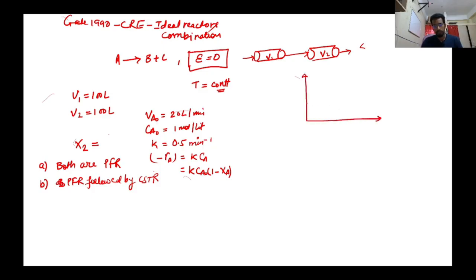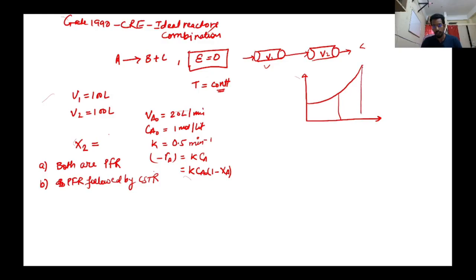Hope you all know from where this graph comes. This is the basic graph for ideal reactors. If I consider volume 1, for V1 it will come here, and for V2 it will come here.